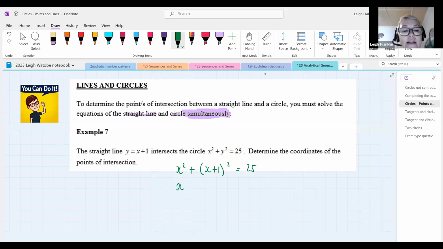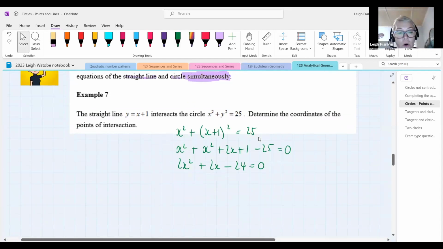If I write x squared, and then square my binomial, x squared plus 2x plus 1, and I'm bringing the 25 over from the other side, this is going to leave us with 2x squared plus 2x, and 1 minus 25 gives negative 24.